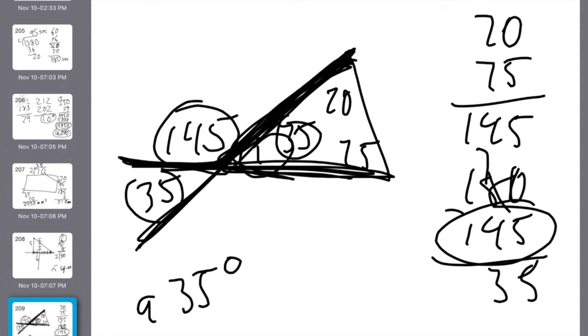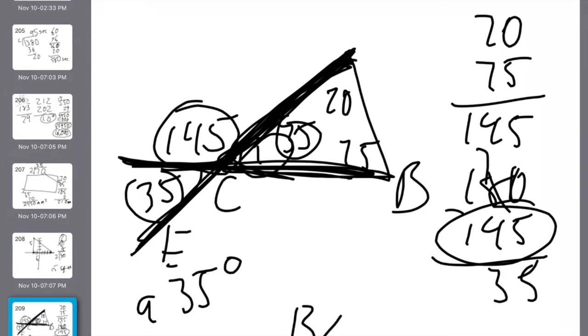Well, guys, they went left. You got to stay on the right. So they want this guy down here. Let's find the letters: B to the middle, C, down to the bottom, E. So for number 13, you want angle BCE.